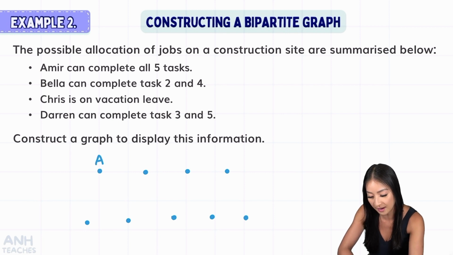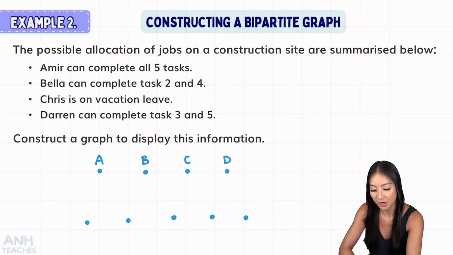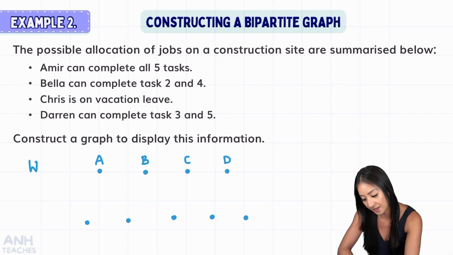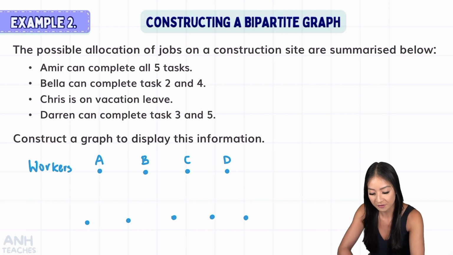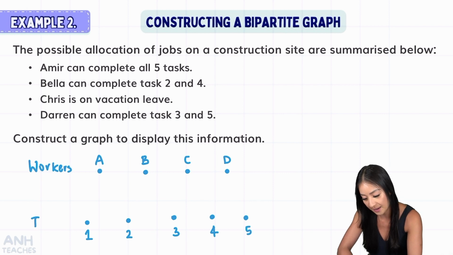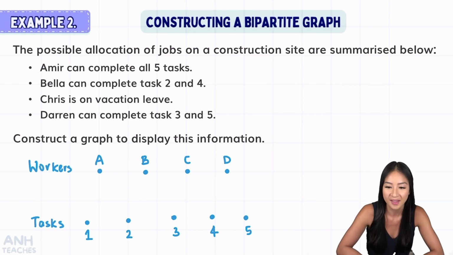Now I do need to label each of these vertices. So I've got Amir, Bella, Chris, and Darren, who are my workers. So I can go one step further and label the set of vertices like that. And then I've got task 1, 2, 3, 4, and 5, and I can label those as tasks as well.